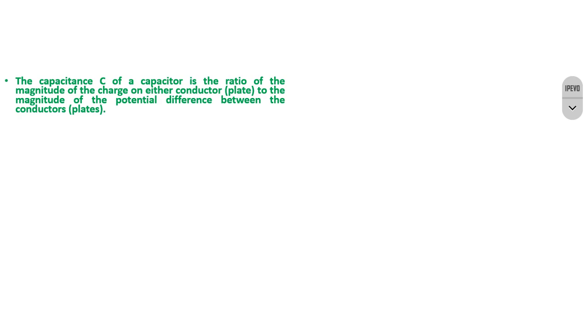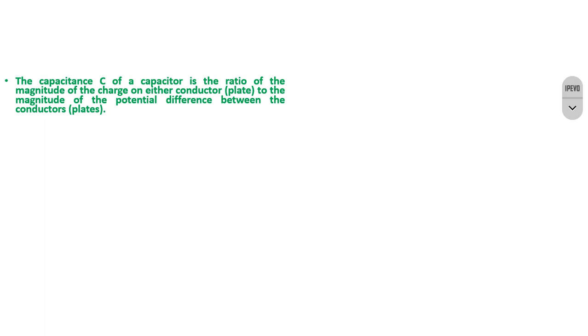What is the capacitance of a capacitor? The capacitance of a capacitor is the ratio of the magnitude of the charge on either conductor to the magnitude of the potential difference between the conductors. I take it again.